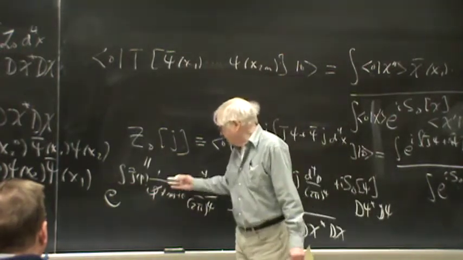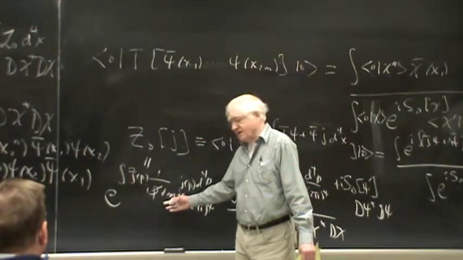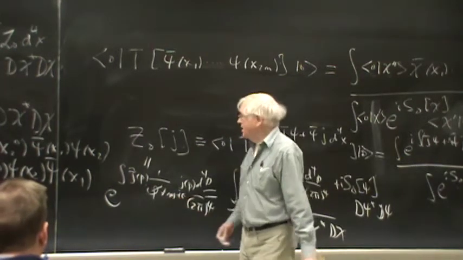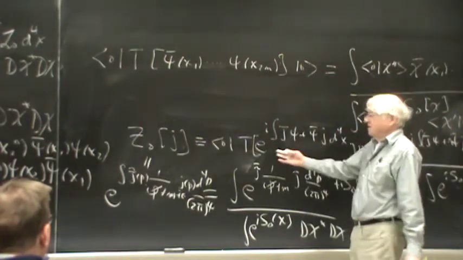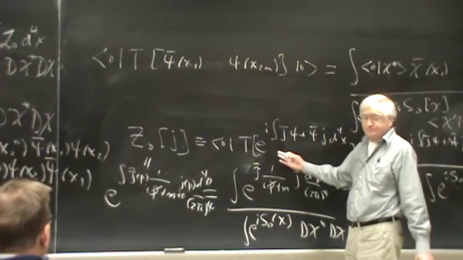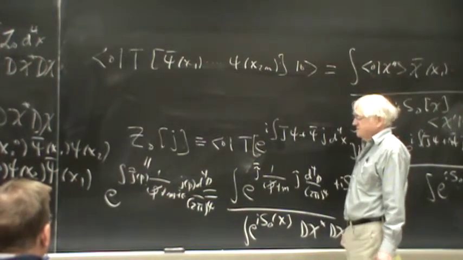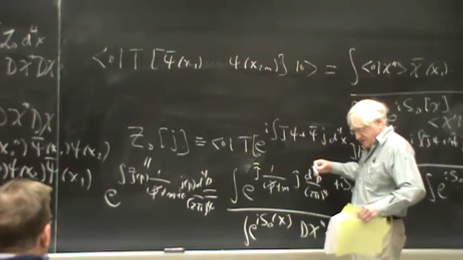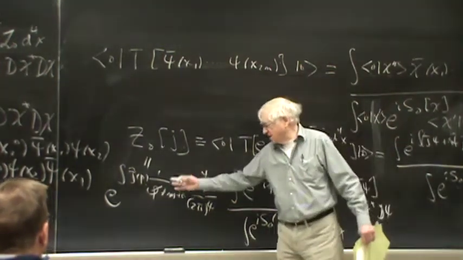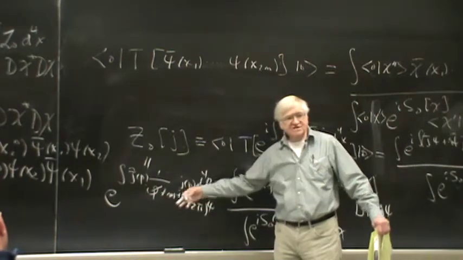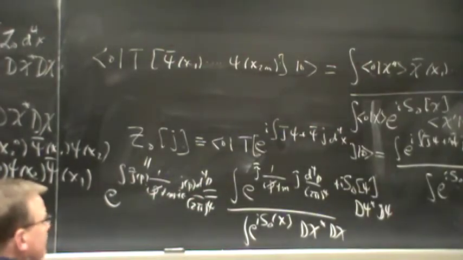You will then pull down factors of 1 over i p-slash plus m. And over here, that will pull down the fermion fields. And so you get that the time-ordered products of fermion fields are some sort of things involving Feynman propagators.